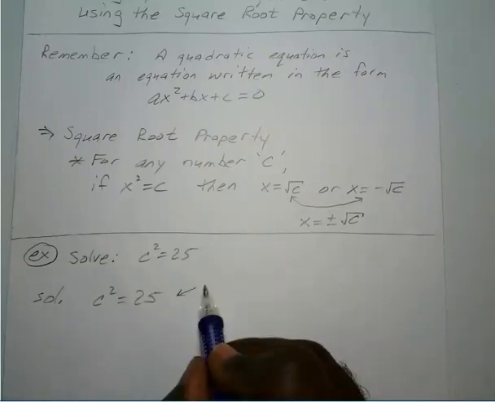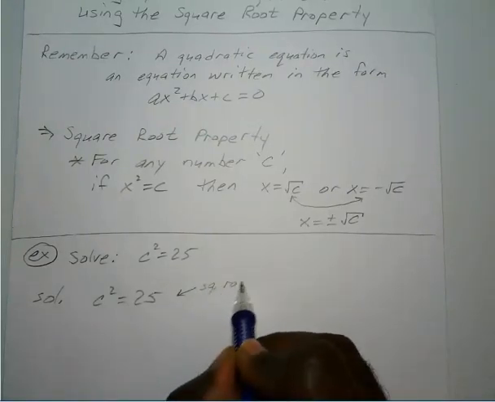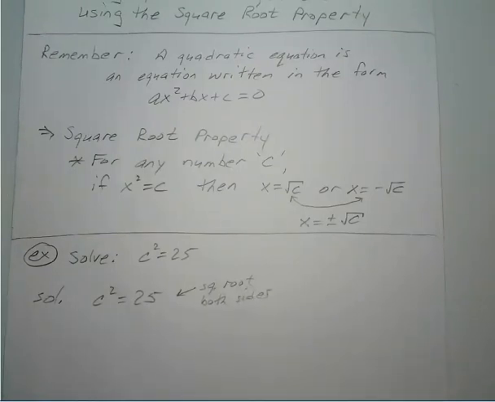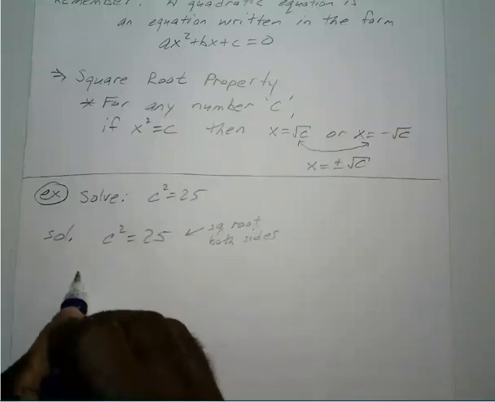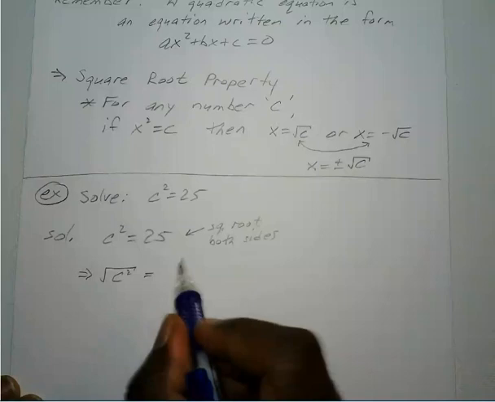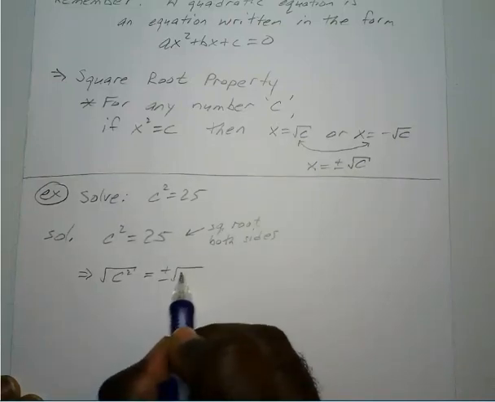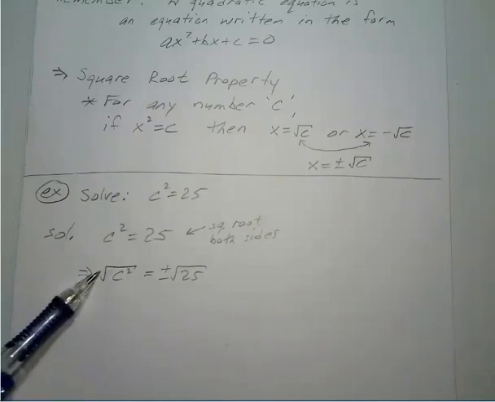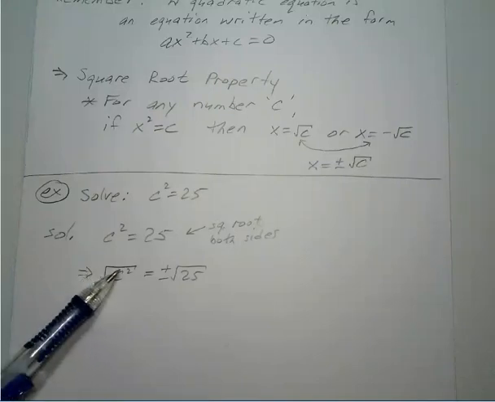So really, if you square root both sides, you'll end up with square root of c squared equals plus or minus the square root of 25. Now if you notice, when there's no index, it's automatically assumed to be a 2. And if you remember, when the exponent and index are the same, they cancel each other out.